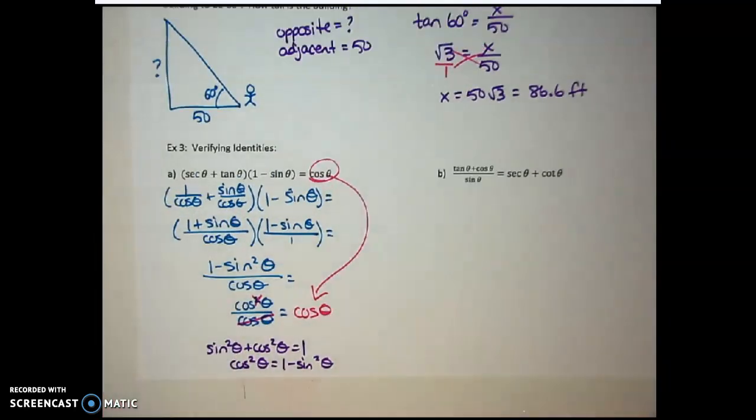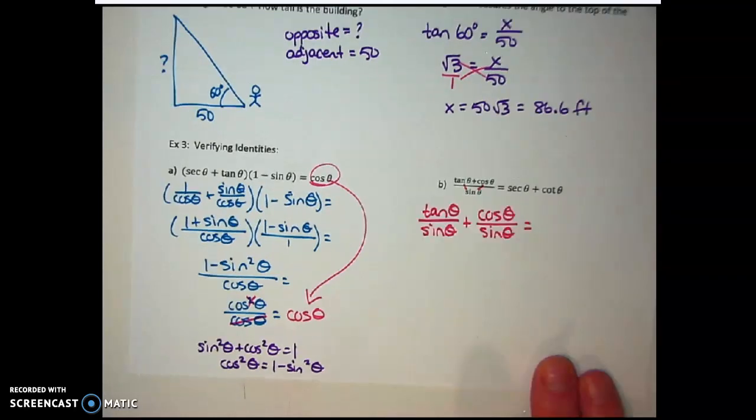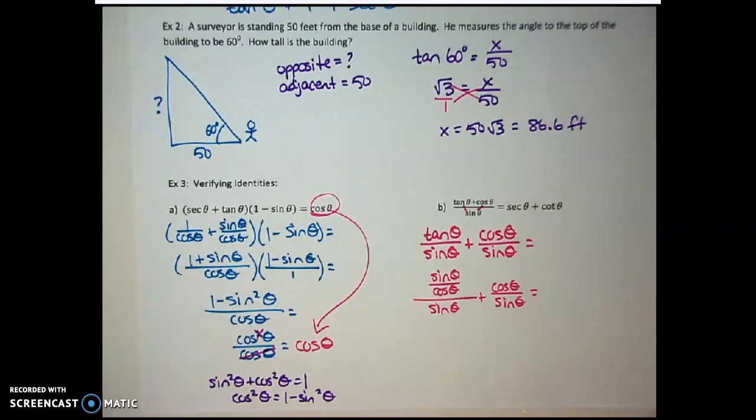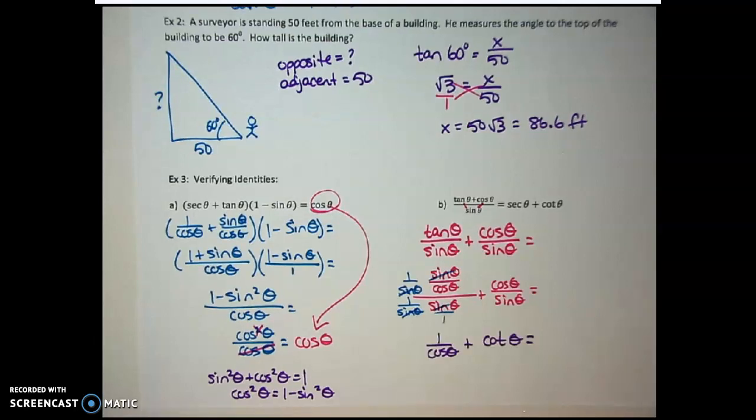If you want to try, go ahead and do the second problem. Otherwise, I am going to do this, and I will reveal my answers. So first of all, I broke that one fraction up into two separate fractions. So I took the denominator and wrote it under each part of my numerator. Now all I did is I wrote tangent in terms of sine over cosine. Then to get rid of my complex fraction, because you can't have a fraction within a fraction, I multiplied top and bottom.